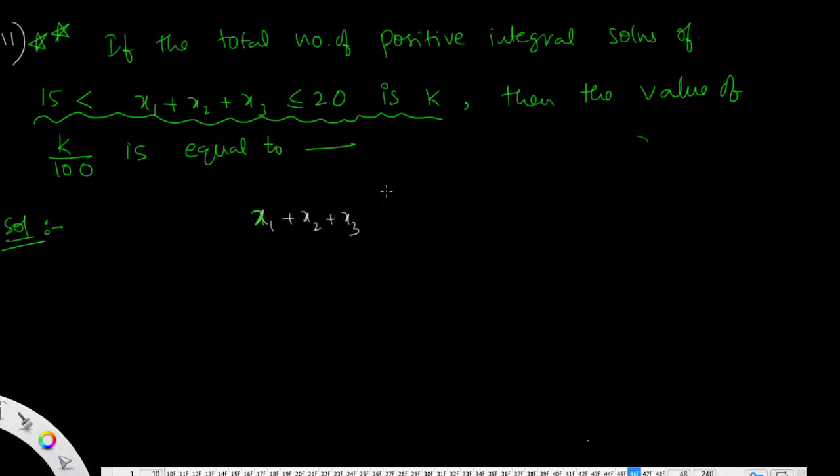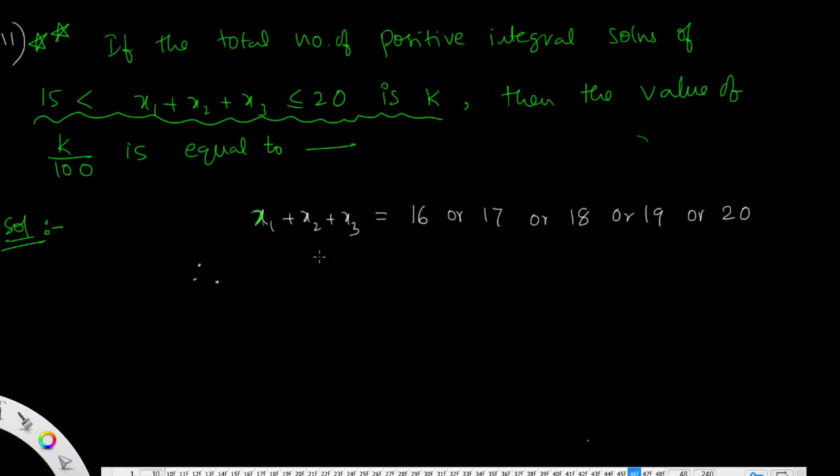Okay, x1 plus x2 plus x3 lies in the interval 15 to 20. That means 16 or 17 or 18 or 19 or 20 will come, these are less than or equal to 20.